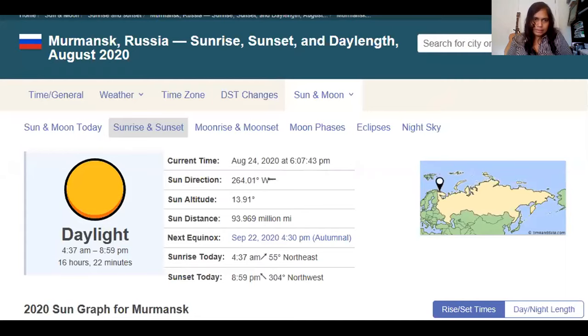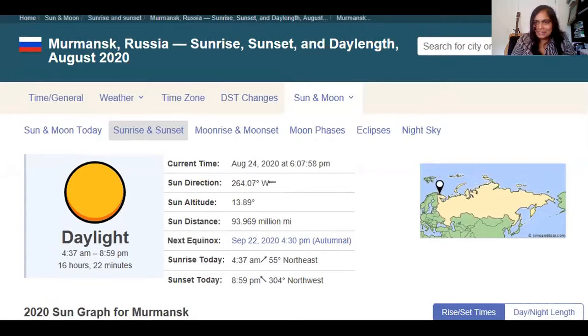Let's look at the city. This is a really interesting city for me. It's Murmansk, Russia. I literally want to visit this city in the wintertime and also in the summertime. So let's see why.